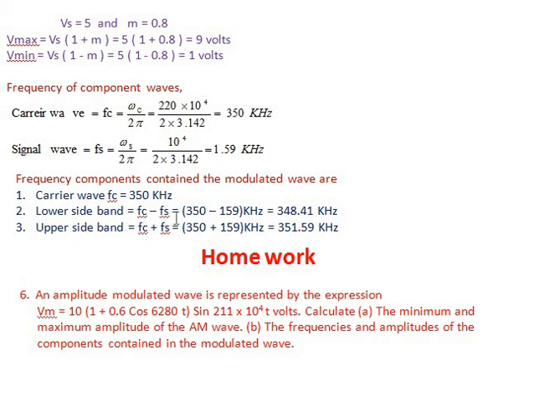LSB is equal to Fc minus Fs, that is 350 minus 1.59 kilohertz, that is equal to 348.41 kilohertz, dear students. And upper sideband frequency is Fc plus Fs, 350 plus 1.59 kilohertz, equal to 351.59 kilohertz. Okay, so here completes the communication chapter.